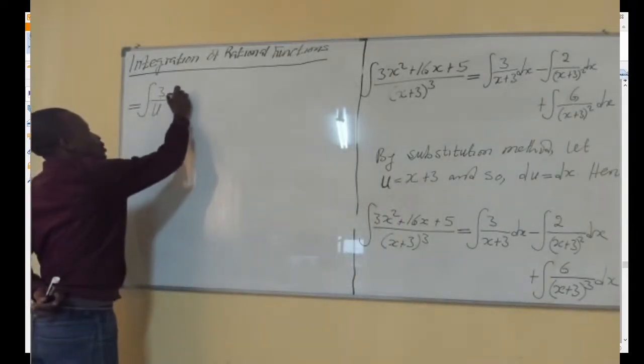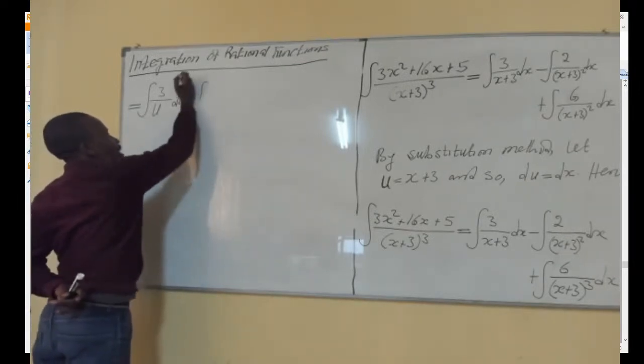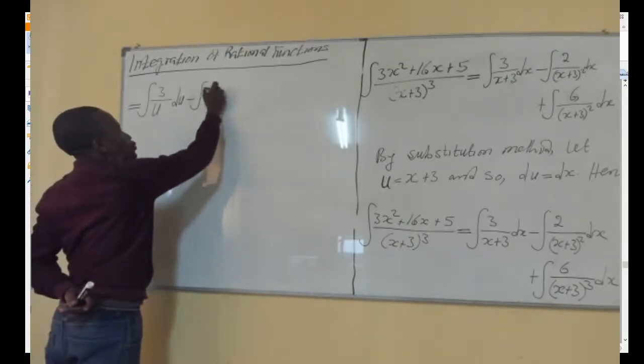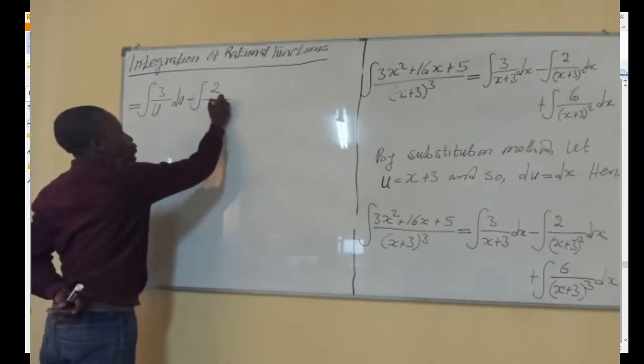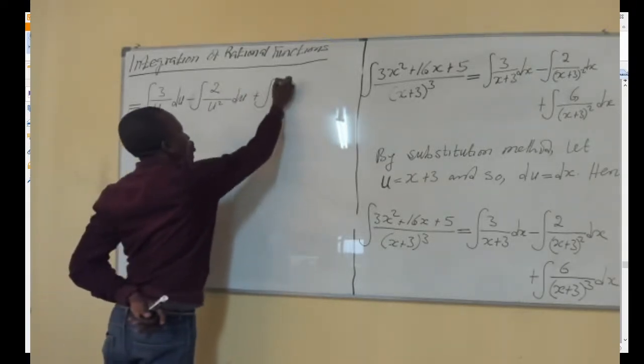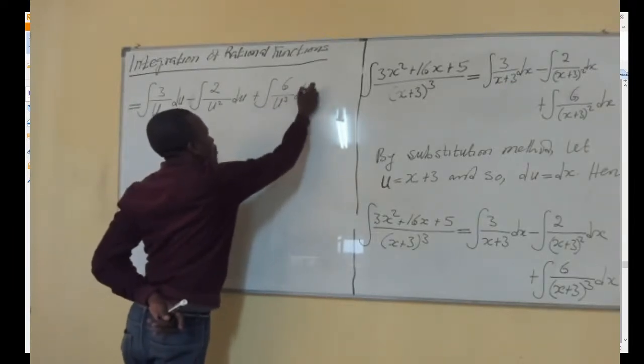So we have du, minus the integral of 2 over u squared du plus the integral of 6 over u cubed du.